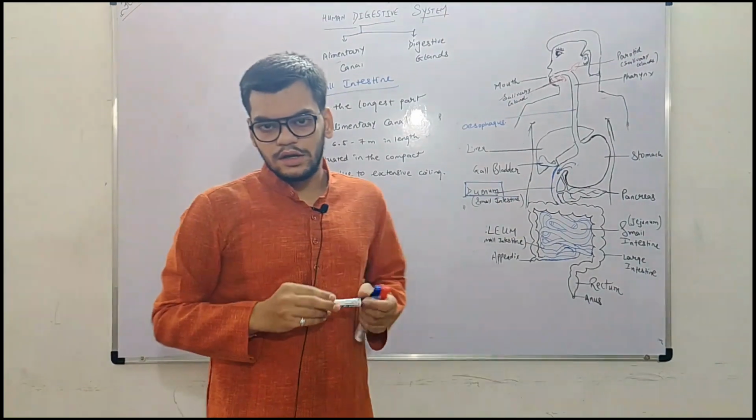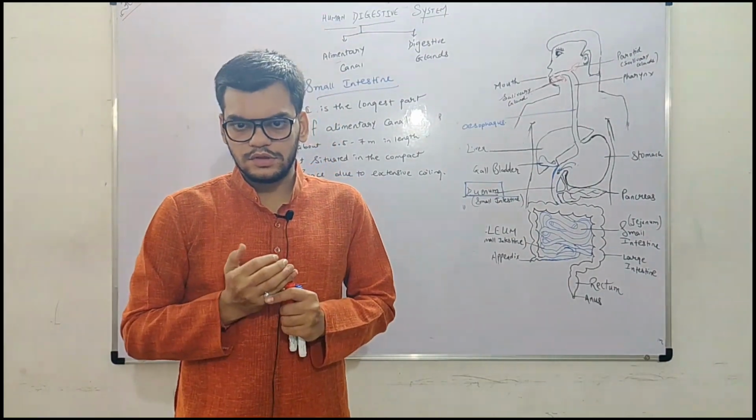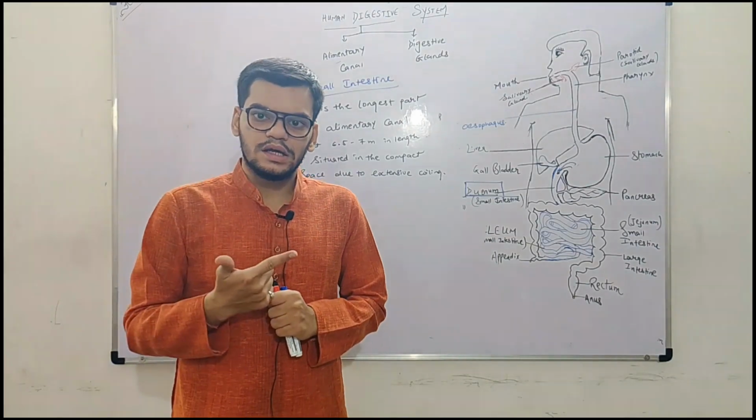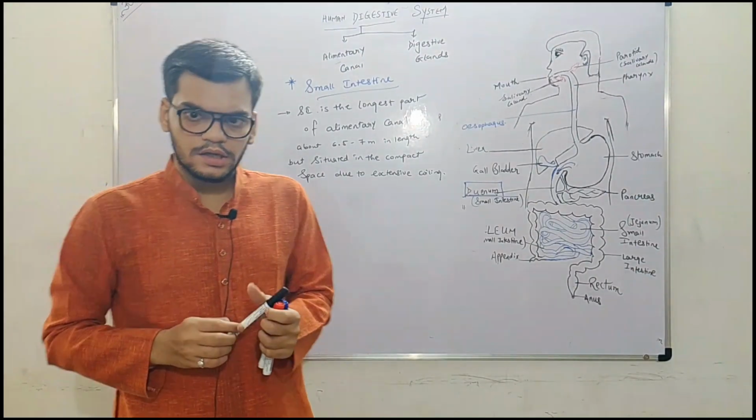So our small intestine receives secretions from three parts. First, the liver, second, the pancreas, and third, the inner wall of small intestine.